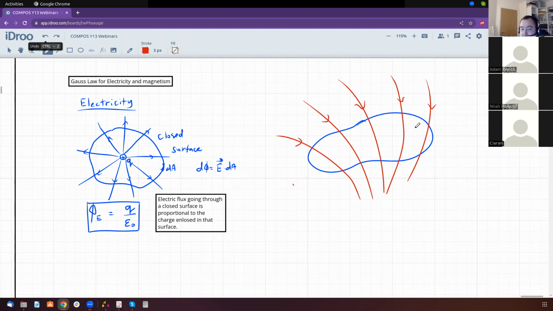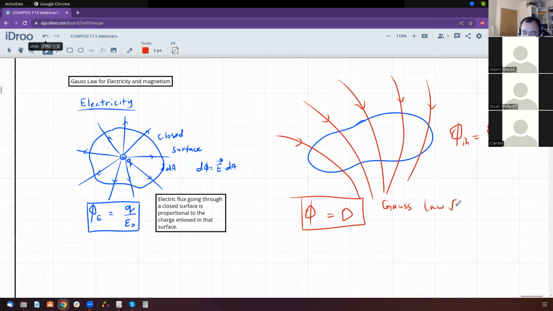The flux going in is equal to the flux going out. So the total flux is 0. And this is Gauss's law for magnetism. It's super easy.